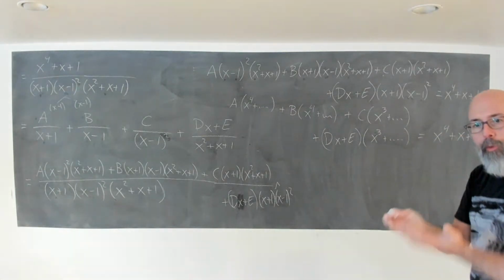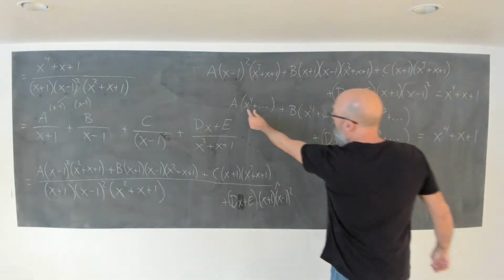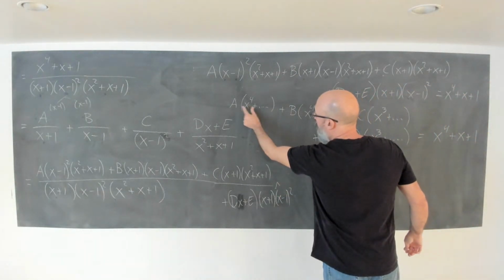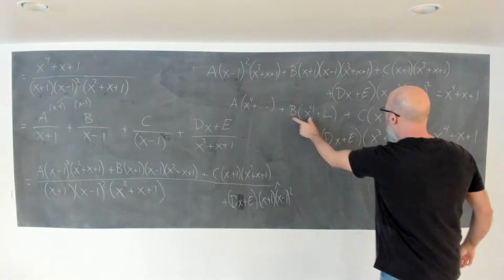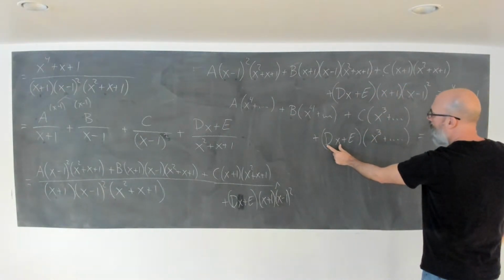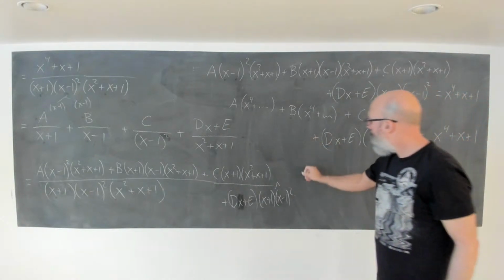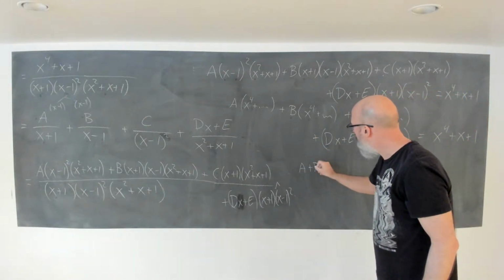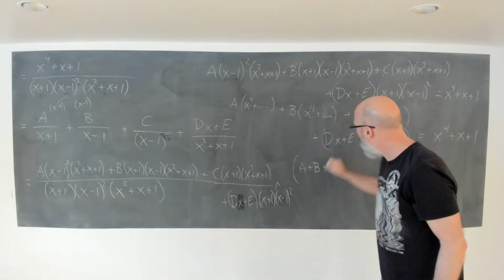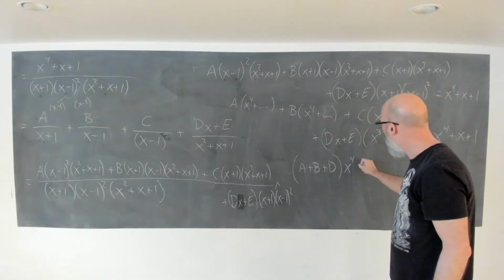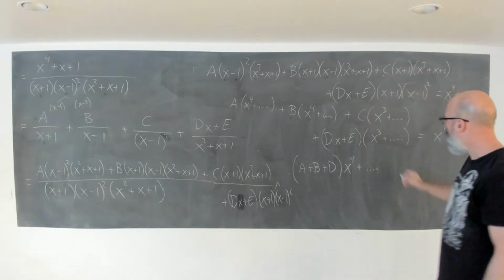And if you group, here you'll have ax to the 4 plus bx to the 4, and here you'll have a dx to the 4. So you'll have an a plus b plus d x to the 4, and then some other stuff.